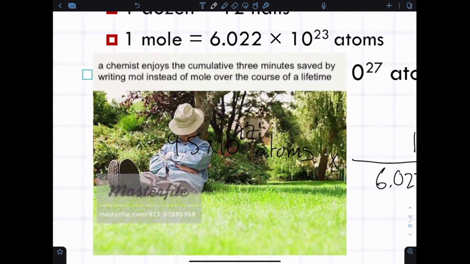So this is a chemist enjoying the cumulative 3 minutes saved by writing MOL instead of MOLE over the course of a lifetime.